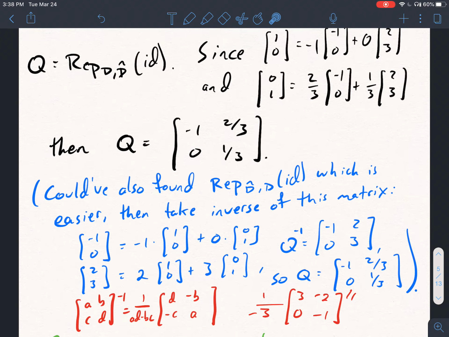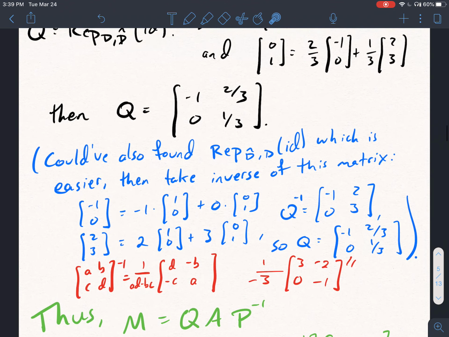In this case, I should be taking the inverse of this. We should get -3 minus 0, so I get -3 for AD minus BC. Then I switch my diagonal entries, and my off-diagonal entries I just take the negatives of. And so this is what I get. Then I just distribute this -1/3 to everything. And this is my Q inverse, which is exactly what we got before.